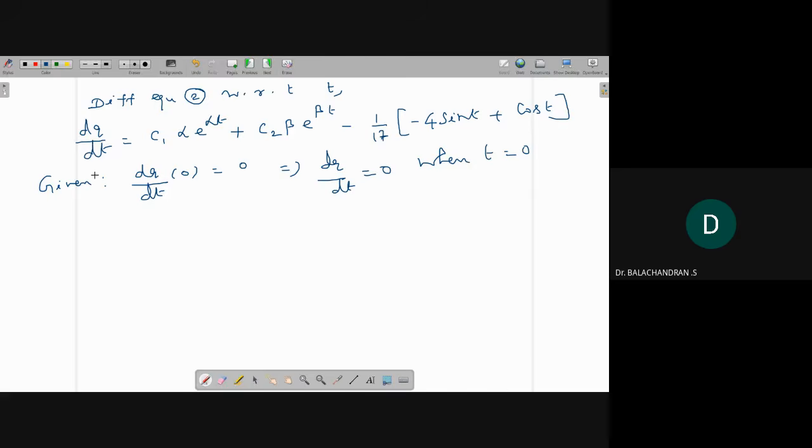So I'm going to apply this condition in this equation. Left hand side is 0, dq by dt. So C1 into alpha plus C2 into beta, and this is 0. Here it is 1, so minus sign, so minus 1 by 17. So C1 alpha plus C2 beta equal to 1 by 17.